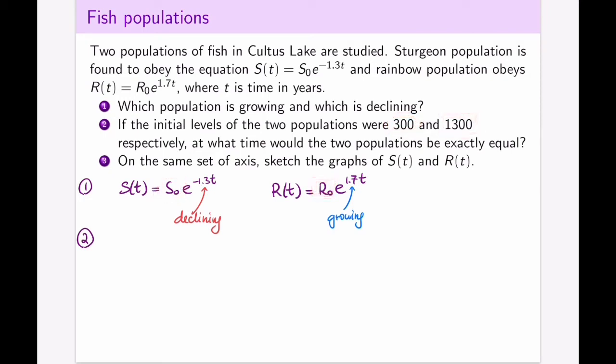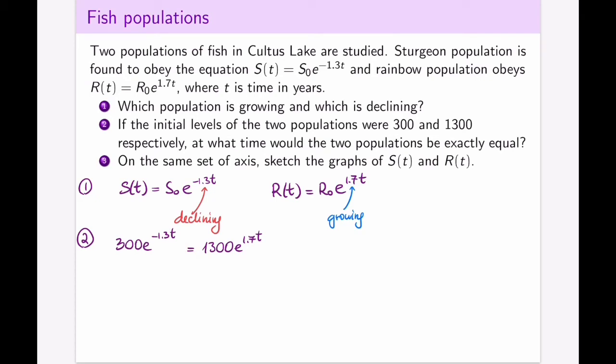If we want the two populations to be exactly equal, we set the two equations equal to each other and solve for t. So we have 300 e to the power minus 1.3t, which corresponds to the sturgeon population, equals 1300 e to the power 1.7t, which corresponds to the rainbow trout population. And we're solving for them to be equal to each other.